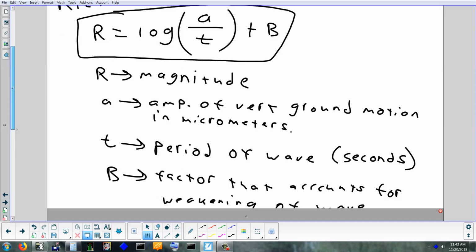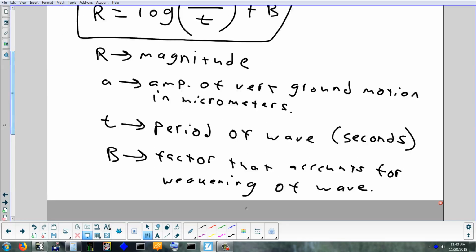And B is a factor that accounts for the weakening of the wave. All right? Think about if an earthquake happened and everything was very hard and compacted, right? Energy transfers very easily. Imagine putting your face up against a piece of wood in a door, and somebody hit the wood from the other side.